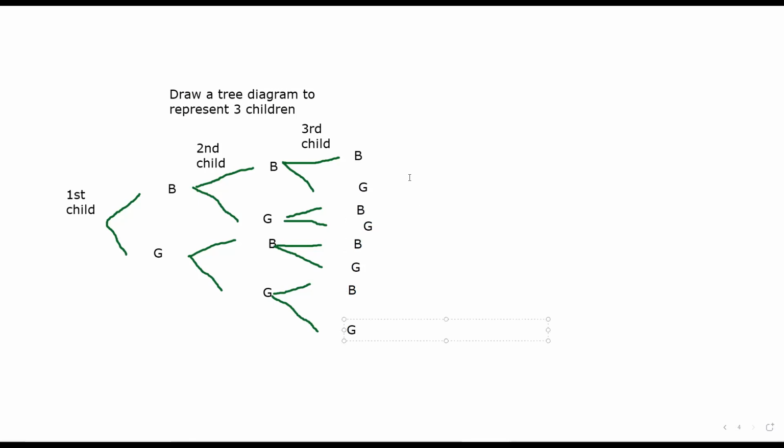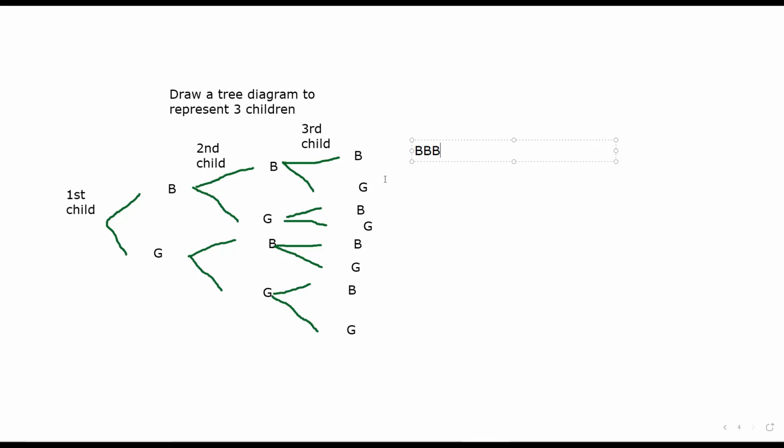So now, here's what our outcomes are. We have a total of 8, believe it or not. So our family situation is as follows. We could have boy, boy, boy, which is what this top group represents.